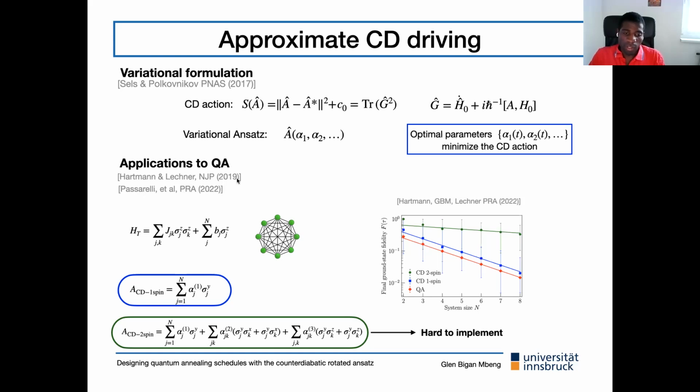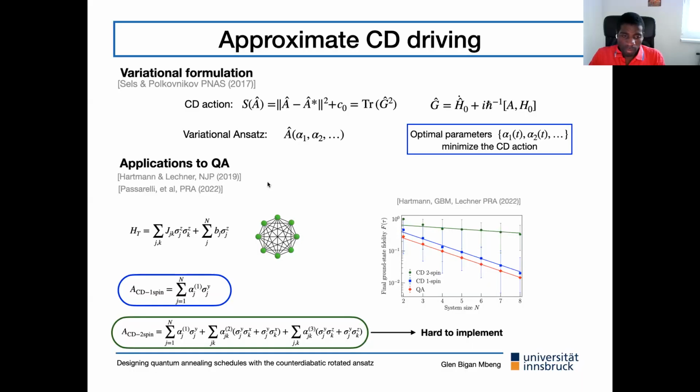In the first one, they show essentially that this approach, when applied to certain architectures, can give an advantage. And in the second one, they extend the approach to consider noise and to consider open systems, which is quite important because in actual devices, the systems are open.